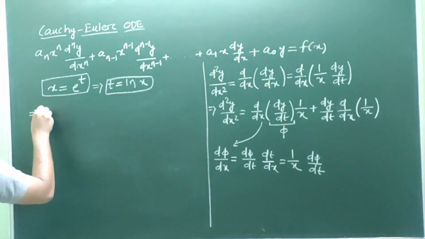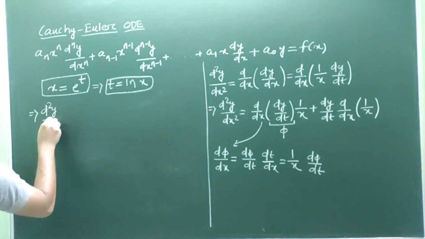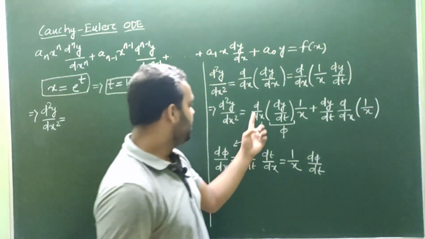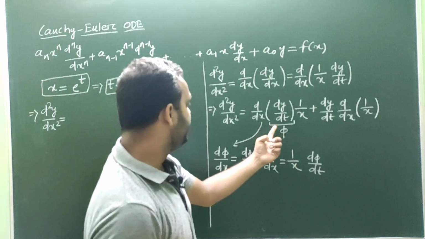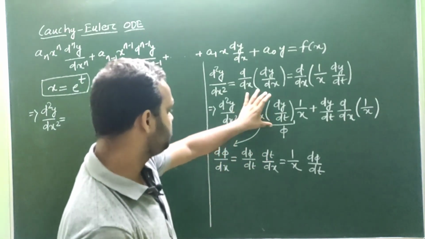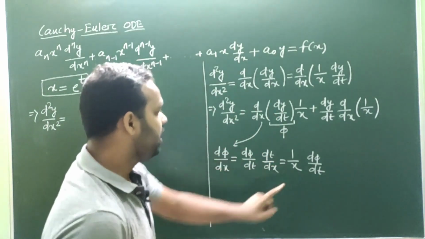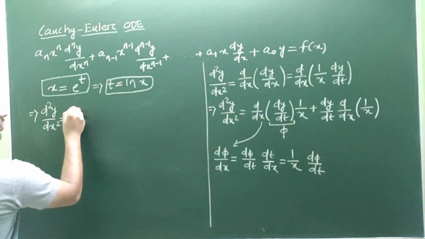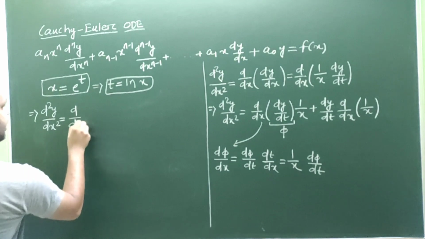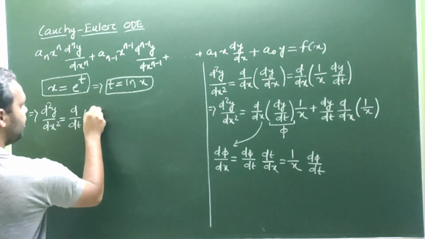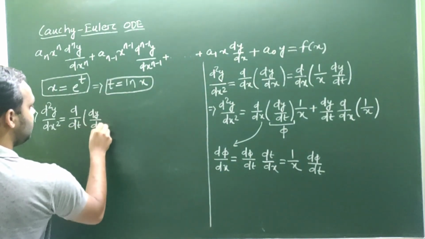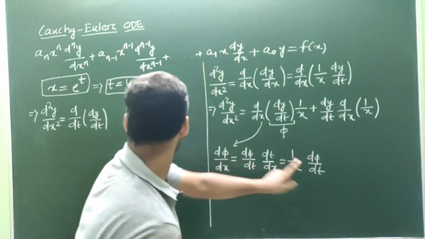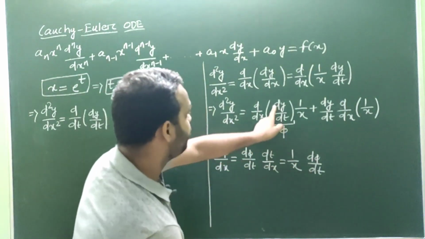Then you will get d square y by dx square is equal to d by dx of dy by dt, and here you can substitute this one. Take this phi as dy by dt. So finally you will get d by dt of dy by dt. This is d phi by dt here. D by dt is as it is, and phi is dy by dt.